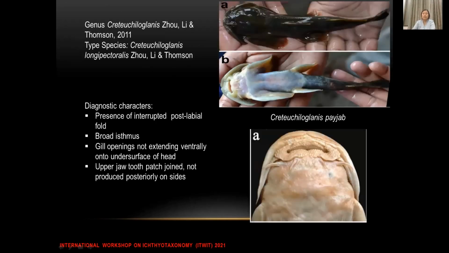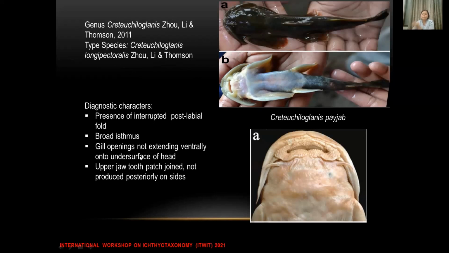Then the genus Creteuchiloglanis, with the type species Creteuchiloglanis longipectoralis Zhou, Li and Thomson. The generic diagnostic character of Creteuchiloglanis is the presence of an interrupted postlabial fold. Here it is interrupted.